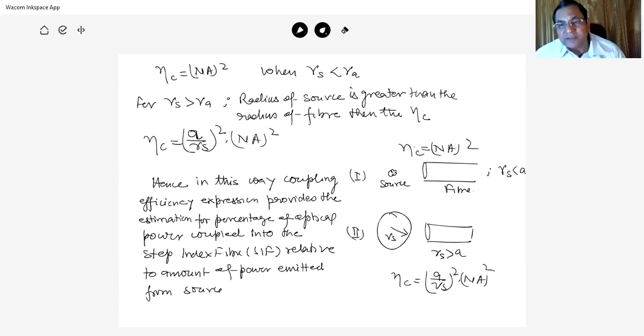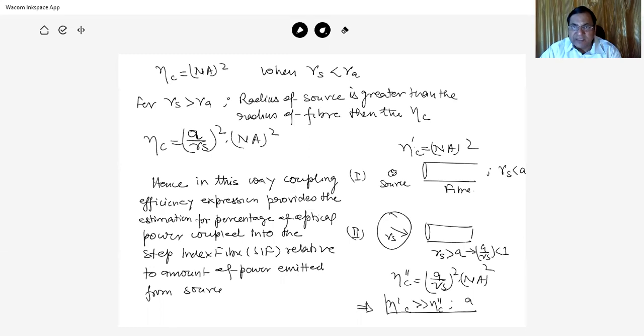So what is given? Suppose this one is eta dash C, here it is eta double dash C. So this implies that eta dash C is greater than eta double dash C, because A by RS is less than 1.